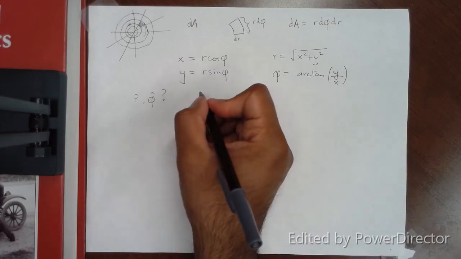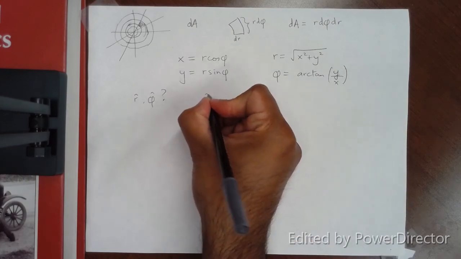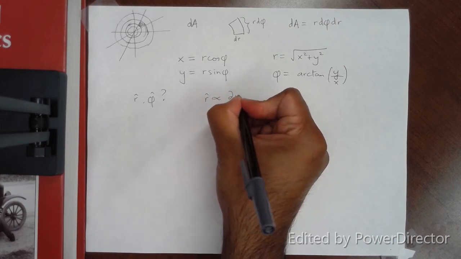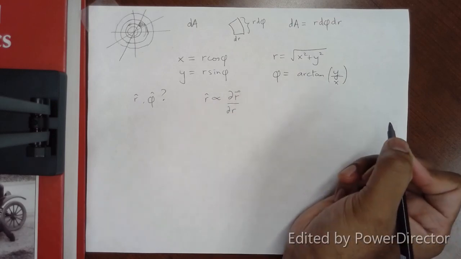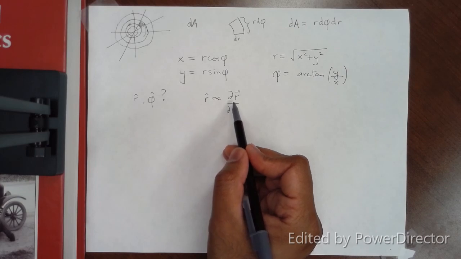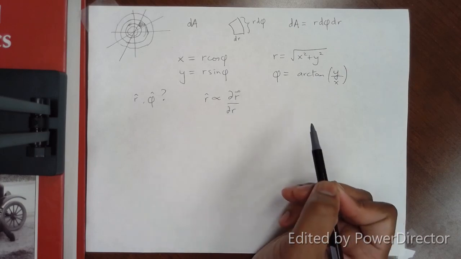This sounds obvious, but it has an interesting implication. It implies that r hat will be proportional to this. This is the partial derivative of the position vector with respect to r.